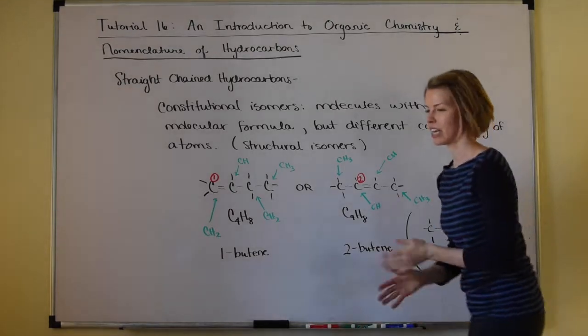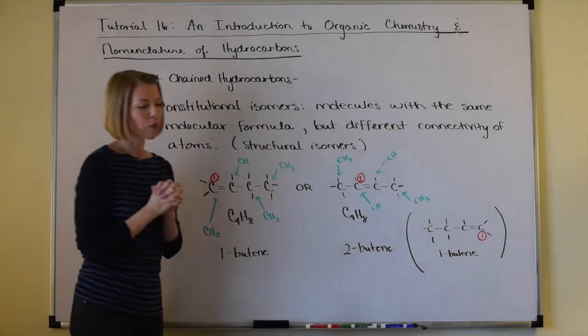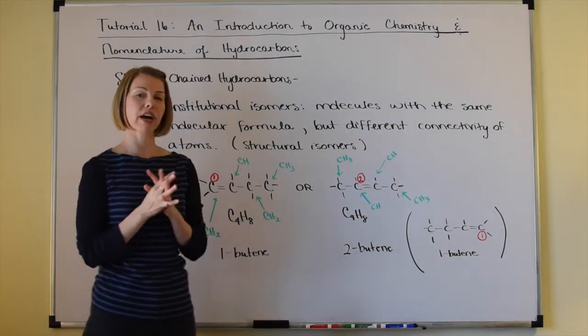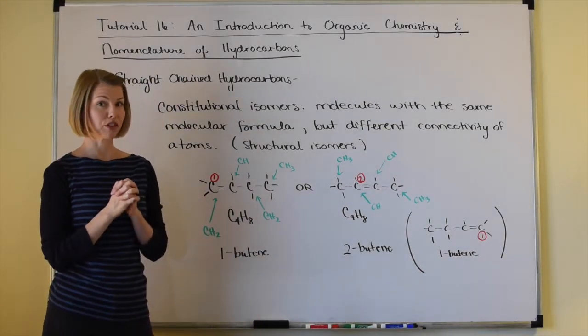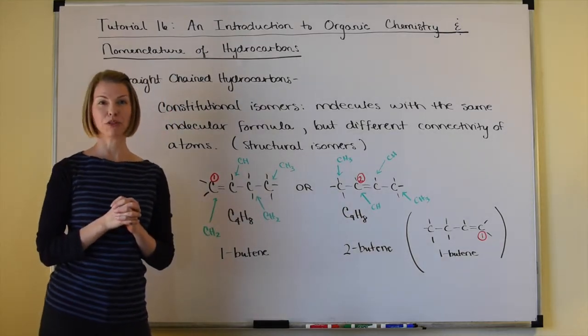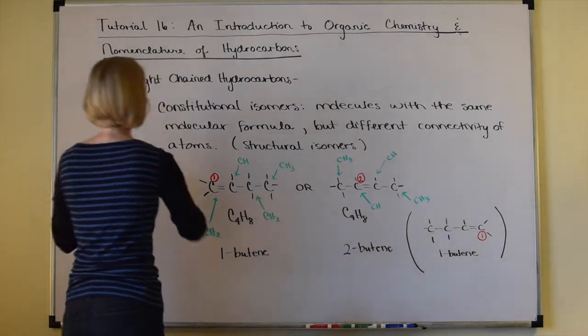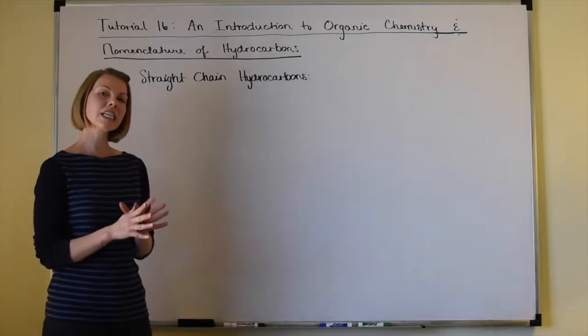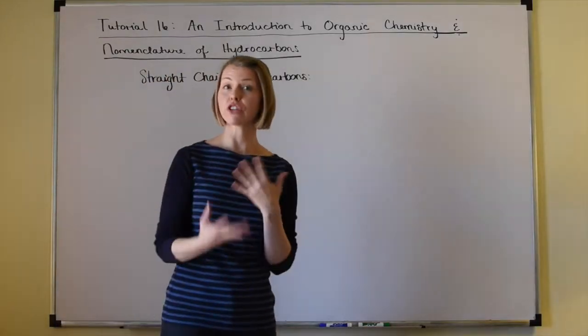All right. So let's go ahead and erase here, and we're going to talk about one more type of isomers called geometric isomers, which will apply to this example here for 2-butene. Single bonds can rotate freely.